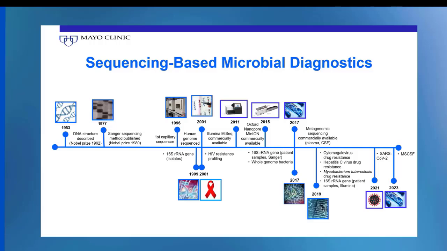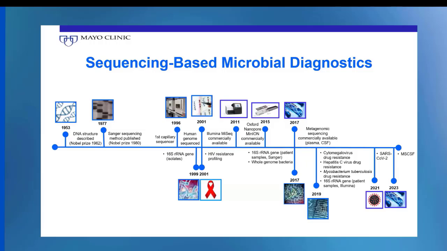Metagenomic sequencing, the topic of today's presentation, became commercially available around 7 years ago. There might be some slight variations on that. The main focus areas have been detection from blood, particularly plasma, and cerebrospinal fluid, the topic of today's presentation. And then I mentioned HIV resistance profiling way back at the turn of the century.